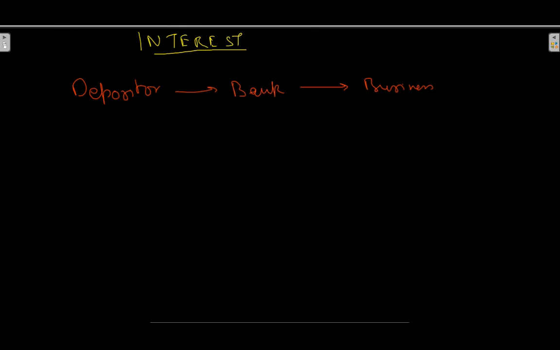The businessman invests this money in his business and generates what is called profit. The businessman shares this profit with the bank because the money was funded by the bank, and the bank further gives part of that profit to you, the depositor.